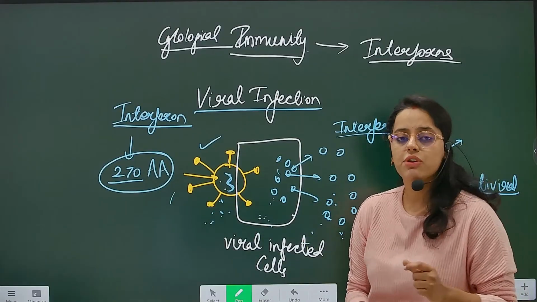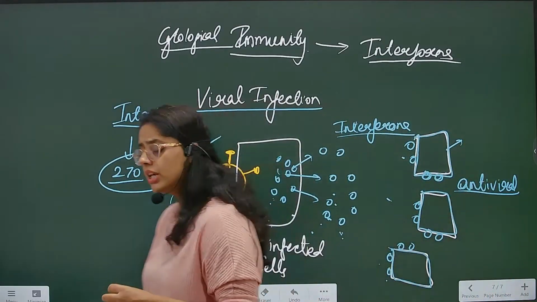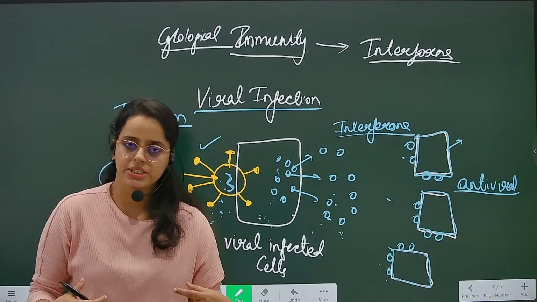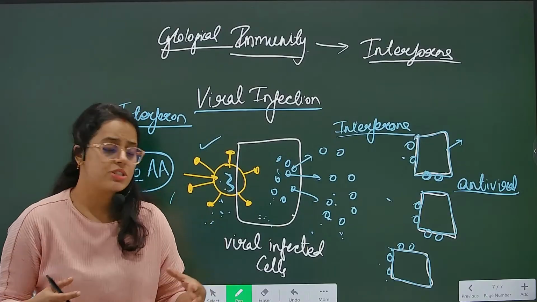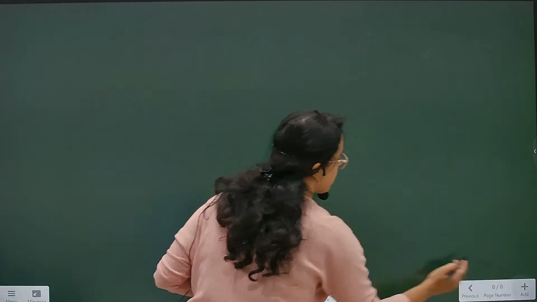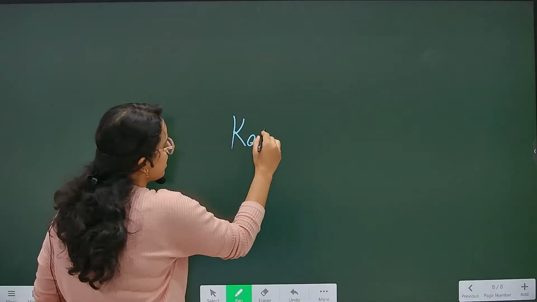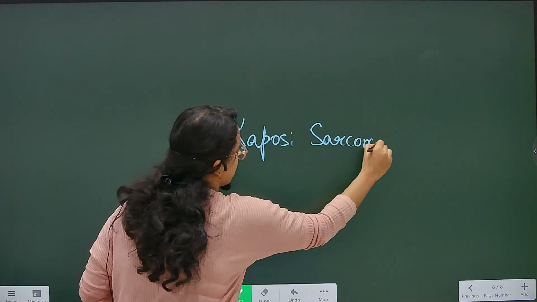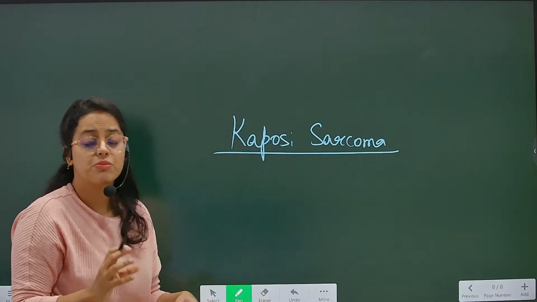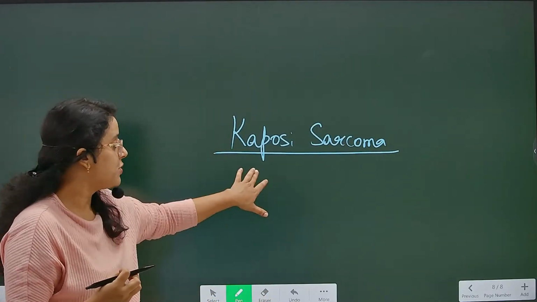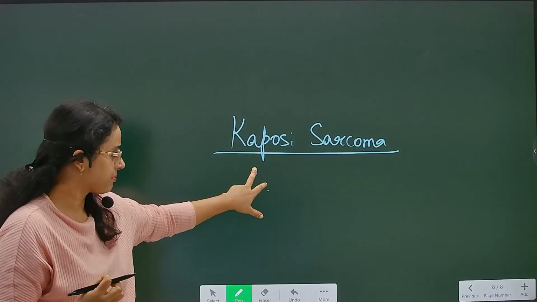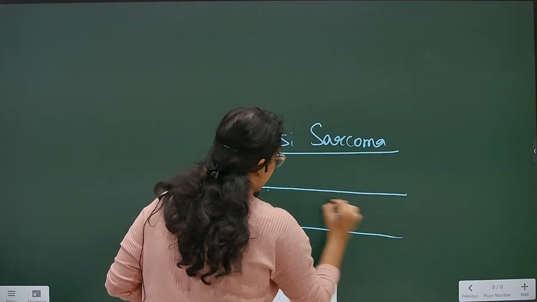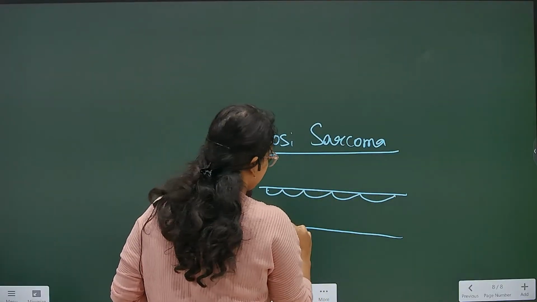So interferon 7 is given to the AIDS patient. AIDS patients have weakened immunity, and they are very susceptible to cancer. Which type of cancer? Kaposi sarcoma. Sarcoma is a cancer of the endothelium, the inner lining of the blood vessels.